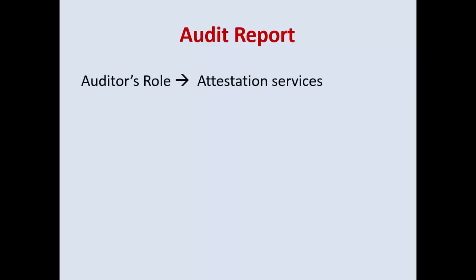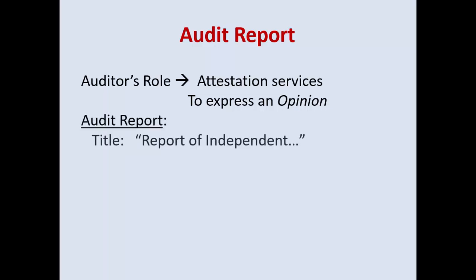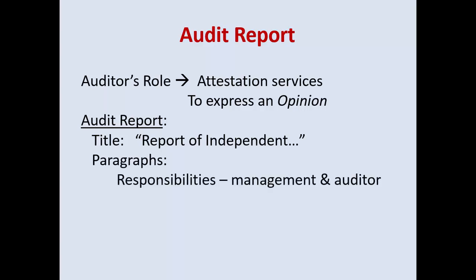The audit report. So what is the auditor's role? They offer attestation services. And what does that mean? They're attesting, they're expressing an opinion of the financial statements. Are they in compliance with GAAP? The first line will always say report of independent, because the auditors have to be independent. And then there's paragraphs. This too must be shown in an orderly fashion.